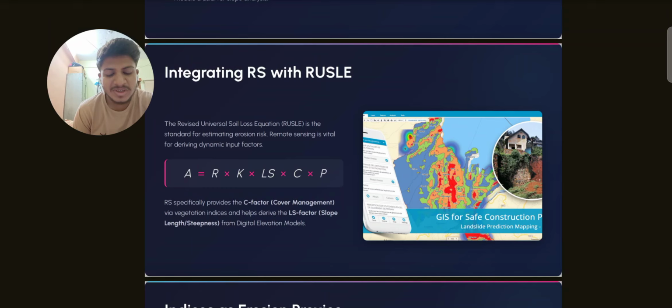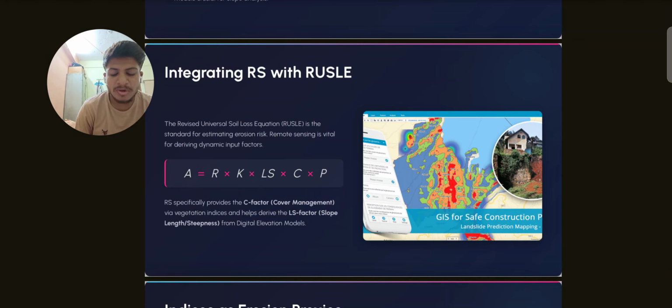It is expressed as A = R × K × LS × C × P. A is the average annual soil loss, R is the rainfall erosivity factor, K is the soil erodibility factor, LS is the slope length and steepness factor, C is the cover management factor, and P is the support practice factor. Each factor represents a specific environmental or management condition influencing soil erosion.